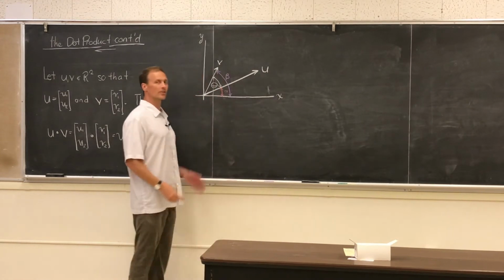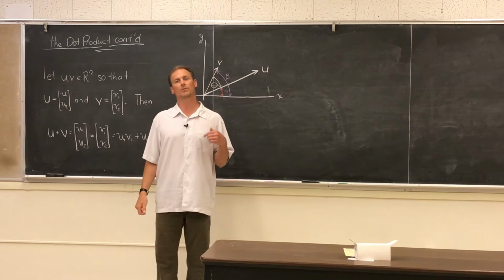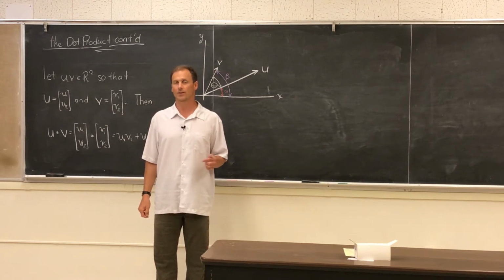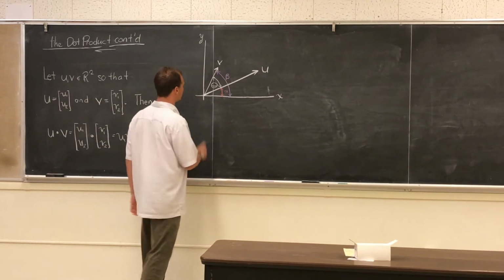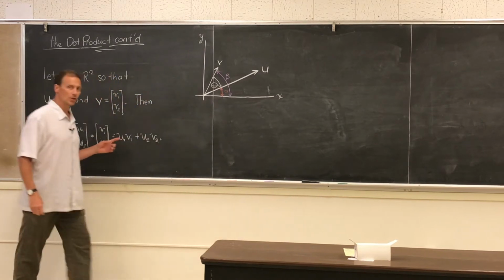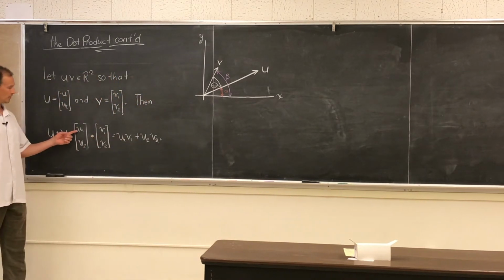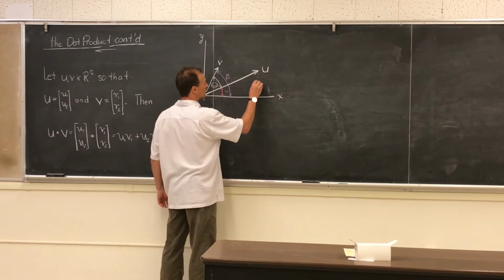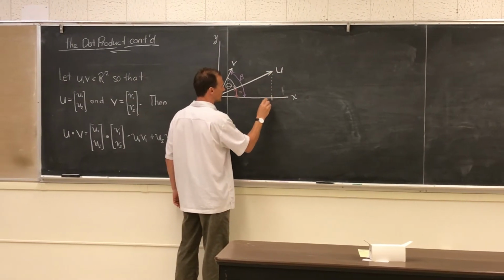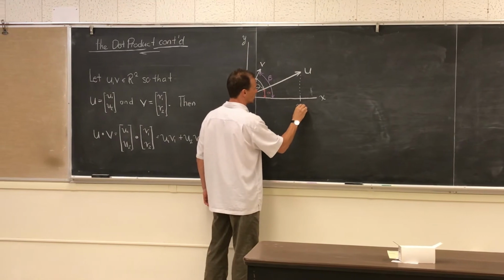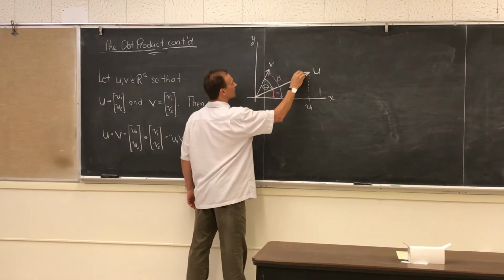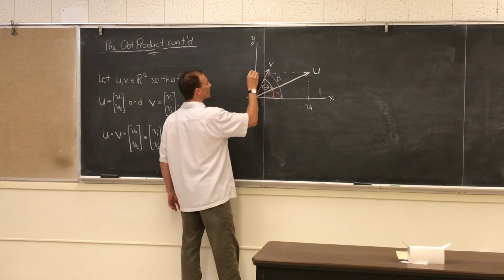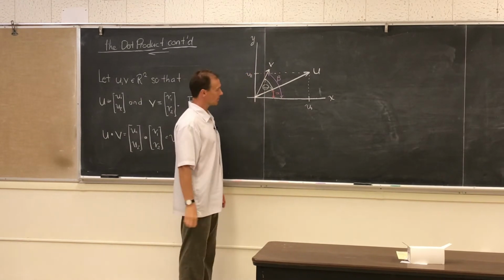So let's start with the vector U, and then we'll be able to understand the vector V, and then we can put this together. So notice this. U has components U1 and U2. So that tells me that this is the point U1, and if I come back this way, this is the point U2.